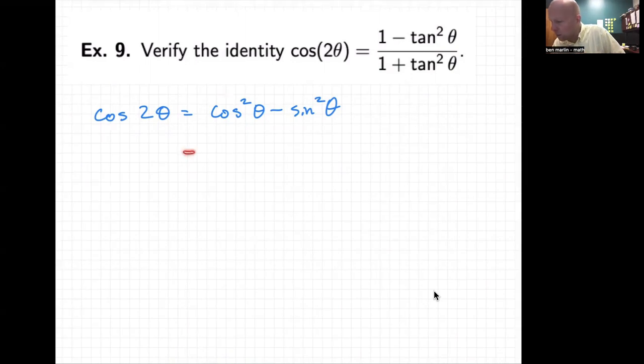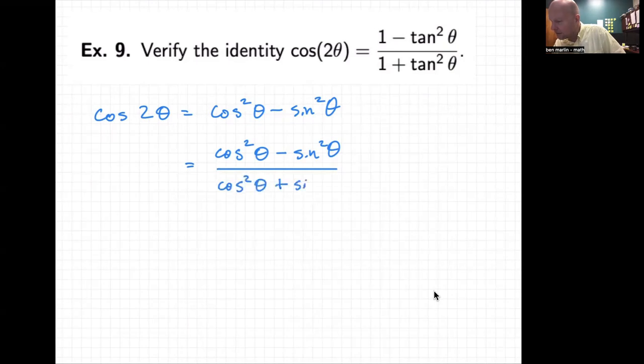So with that in mind, I'm going to try to get something that looks similar on the top and bottom. And the thing I'm going to put here on the bottom is that I'm going to divide by the cosine squared plus sine squared.